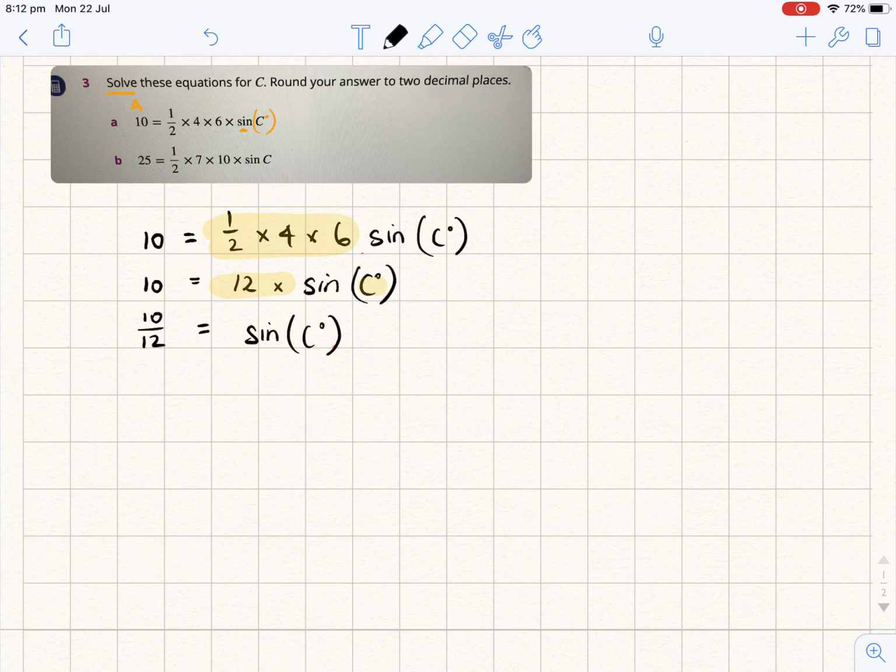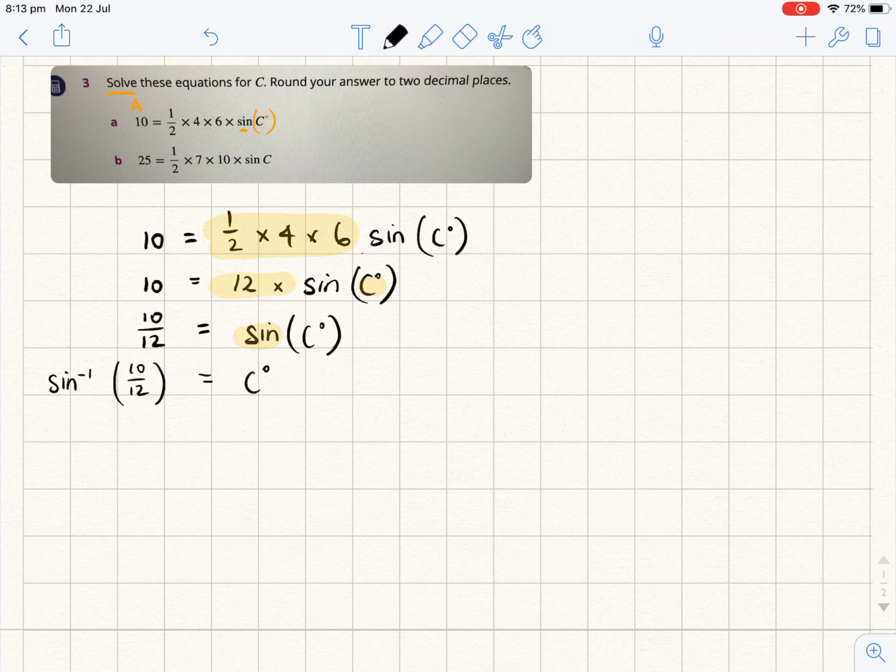Okay, here's the part where I'd find the angle. And if I'm finding out an angle, I need to undo sine. And the way I undo sine is I use the inverse of sine of whatever was already there to work out what the angle is.